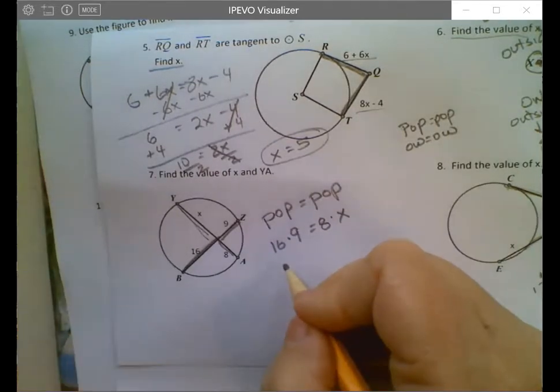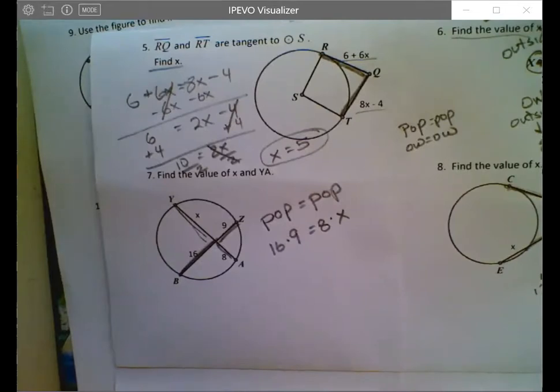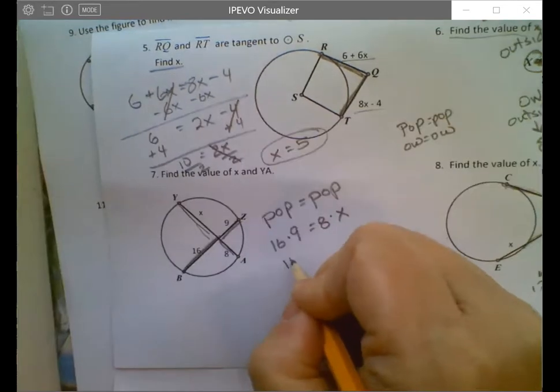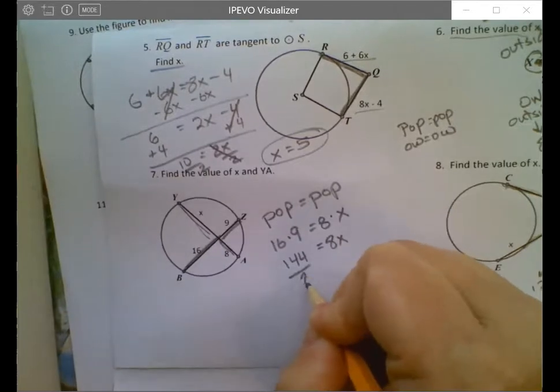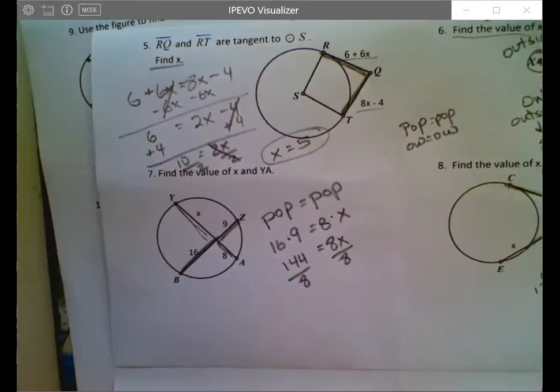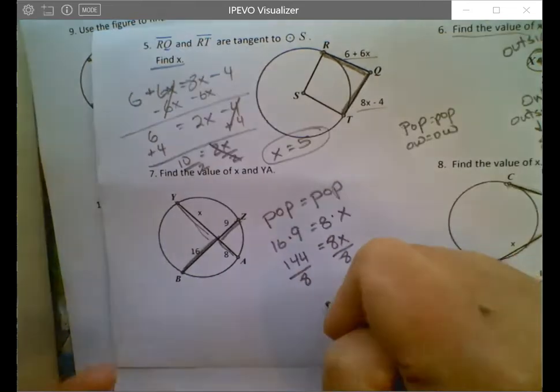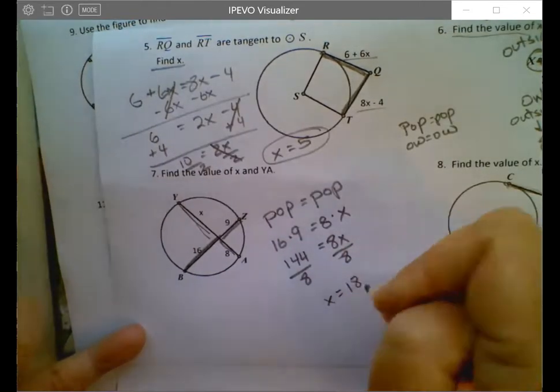So 16 times 9 is 144. And 8 times x is just 8x. Divide by 8. And that gives me x equals 18.